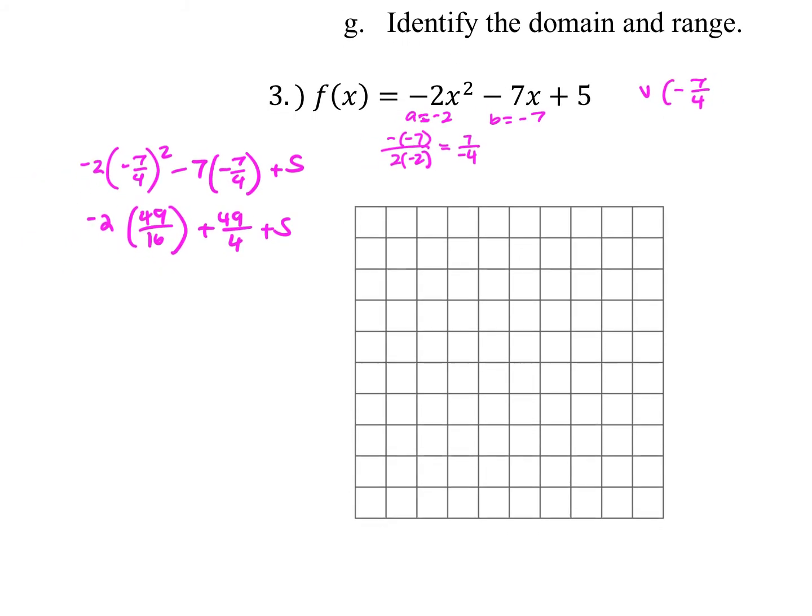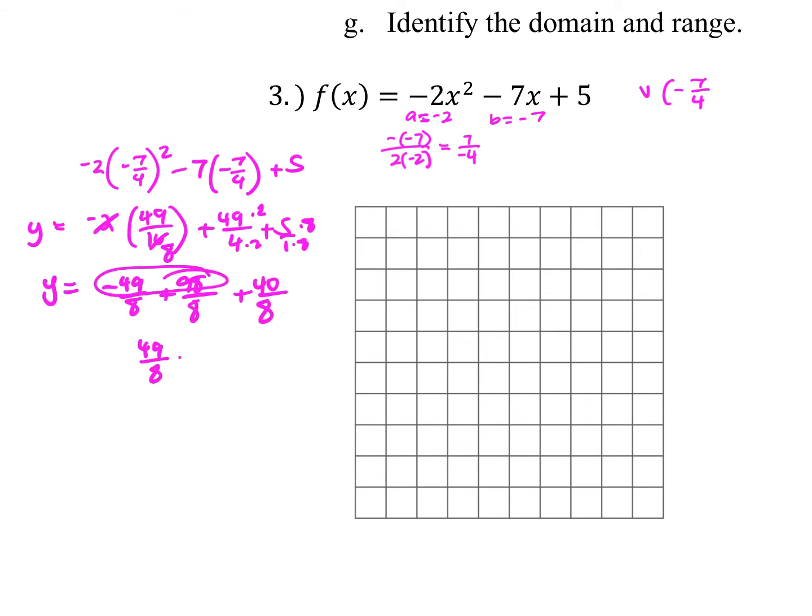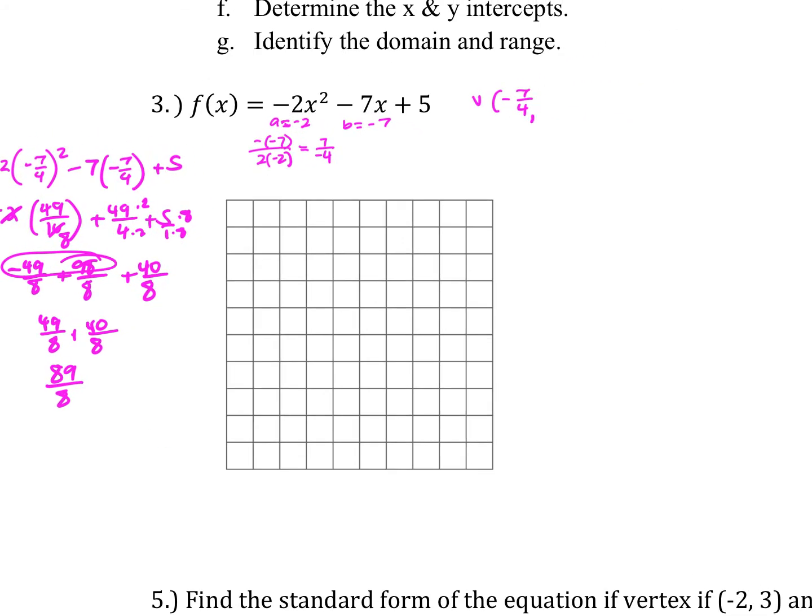This all equals y. 2 would go into 8 four times, so this is negative 49/8, and 49/4 multiplied by 2 to give it a like denominator is 98/8, and 5 multiplied by 8 is 40/8. So this gives me negative 49/8 plus 98/8 plus 40/8, or 89/8. That's the y coordinate of your vertex.